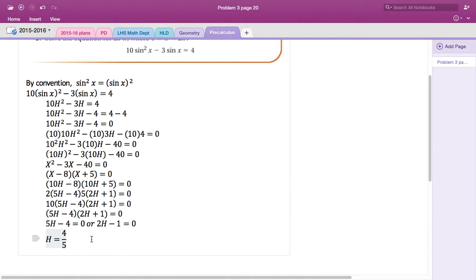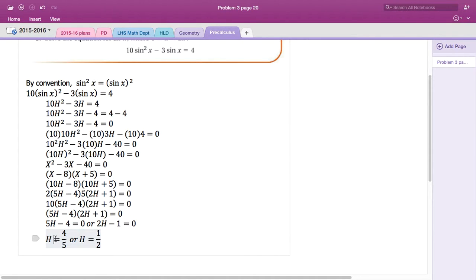So h equals 4/5. Or we're going to do this one too, which is add 1 to both sides. So this will be 1, and this will be 0. Divide by 2, and divide this by 2. So h equals 1/2.